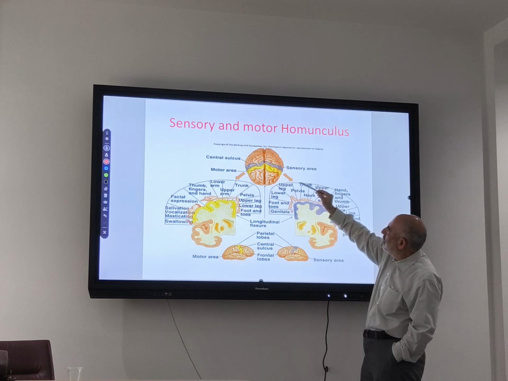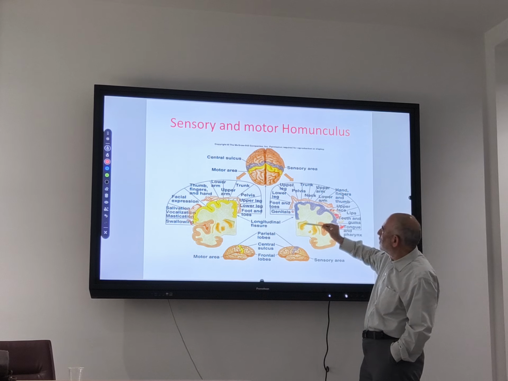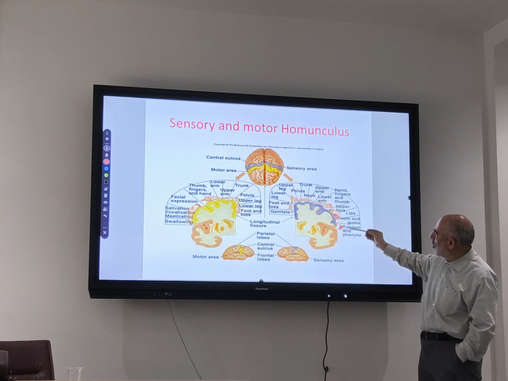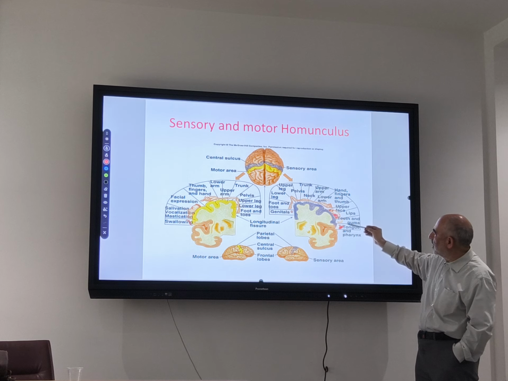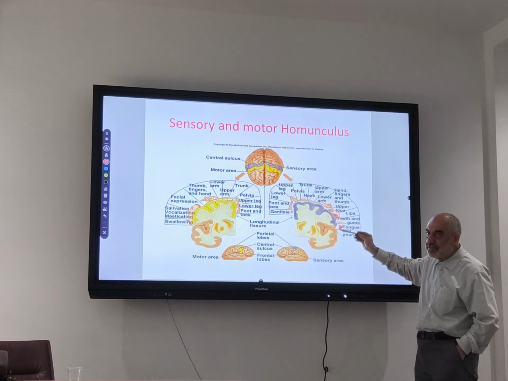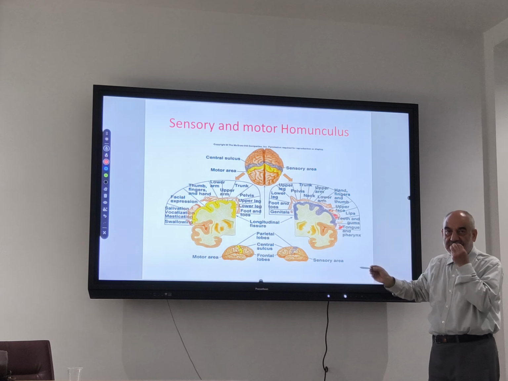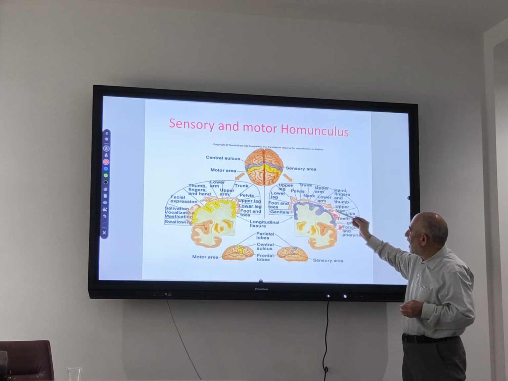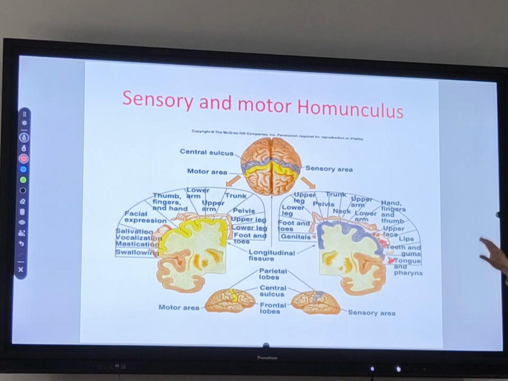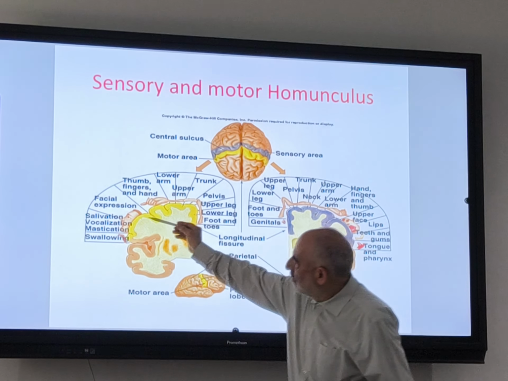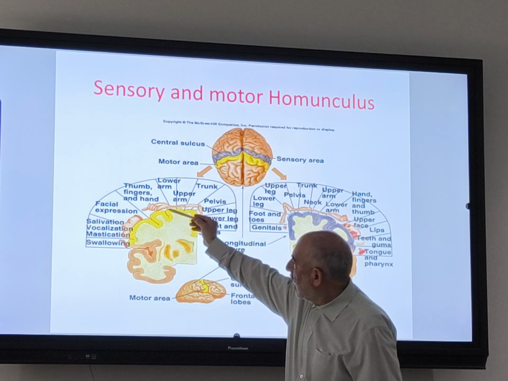As you see here, sensory and motor are similar. If you refer to this slide, you see for tongue, teeth, gums, for mastication. Mastication is very important. For the face, a lot of space. And also for motor, face and hands are very important.